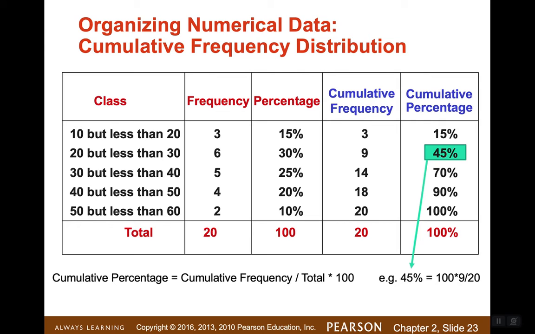And then we can calculate the cumulative percentage, which is the cumulative frequency divided by the total times 100. So that is going to be 100 times 9 divided by 20.